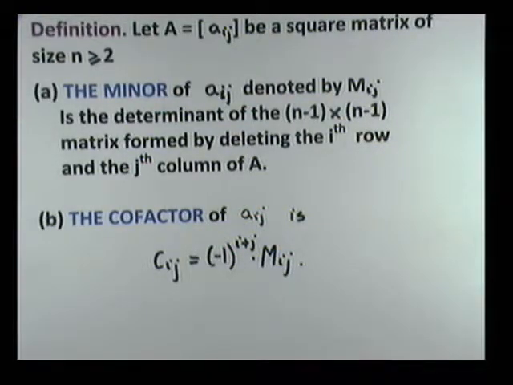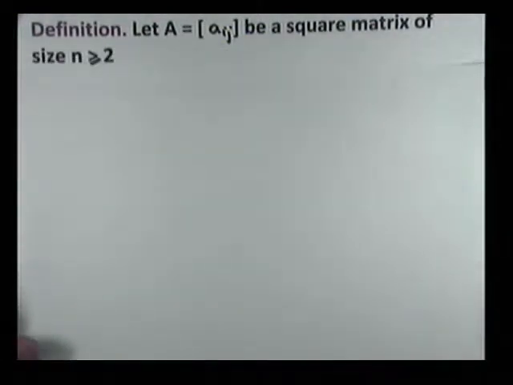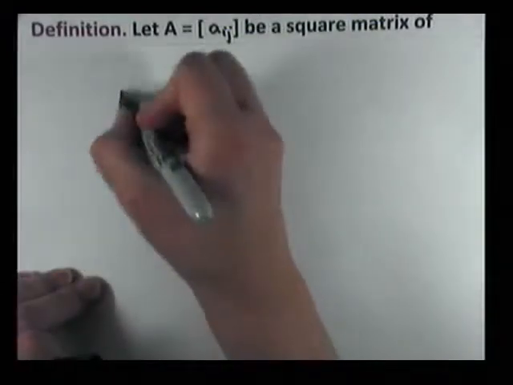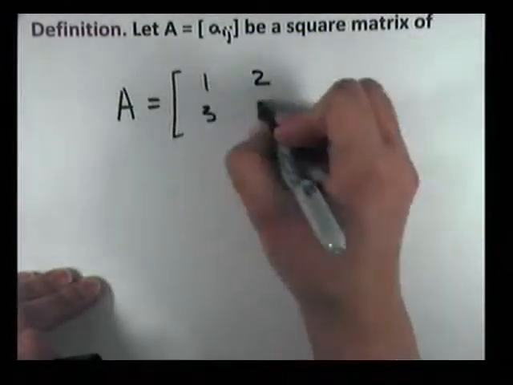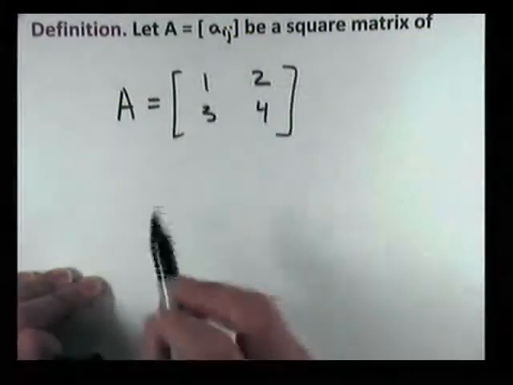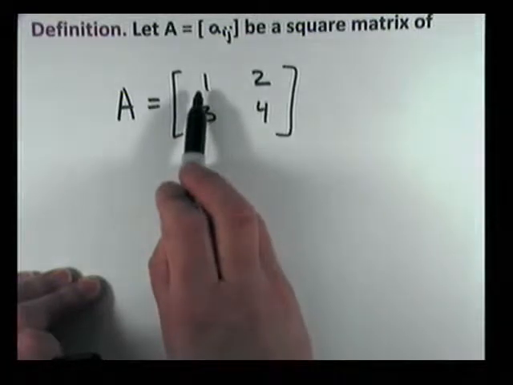a_ij. Let me first explain what a_ij is. In a matrix A that has numbers 1, 2, 3, 4, we can say that the first number is in the position first row, first column.